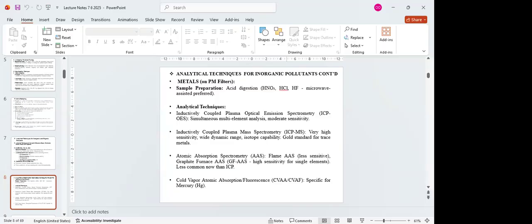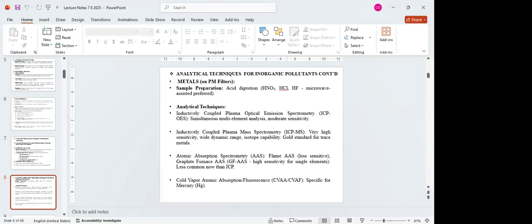So the GFAAS is, as it is now, in less use, not demand per se, than the ICP. So everybody's going to ICP-OES because it's cheaper when it comes to function, use, deployment, and it's as good, if not better, than the GFAAS.